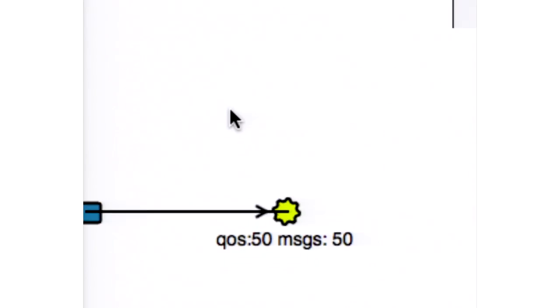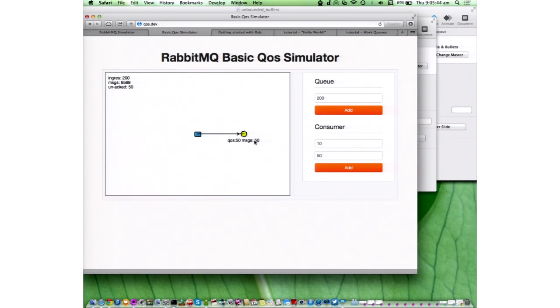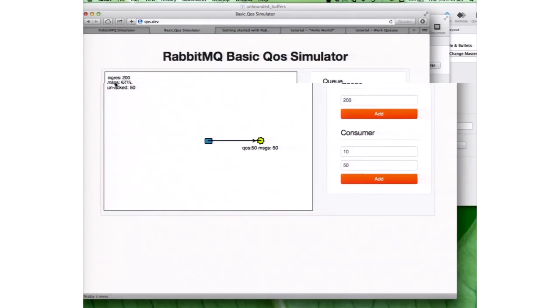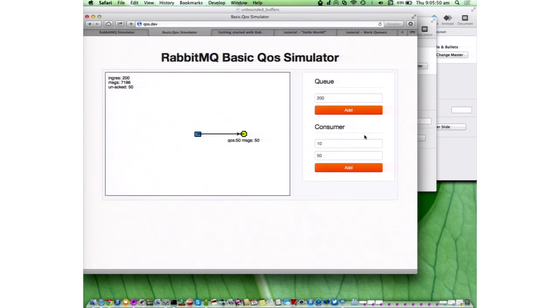So now the consumer is always holding 50 messages in its buffer, and is constantly consuming messages and ACKing back to Rabbit. You can see that the queue keeps increasing because at 10 milliseconds per message, with 1,000 milliseconds per second, we get 100 messages processed per second. So if I add another consumer, now this should start to stabilize. But now we are even with the ingress rate.